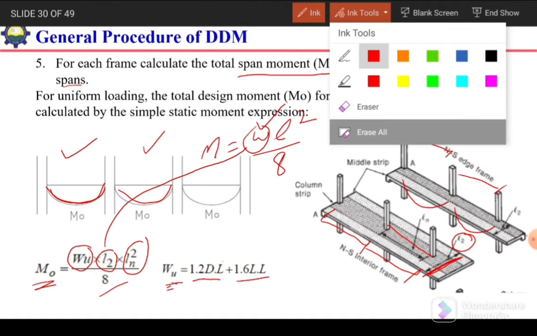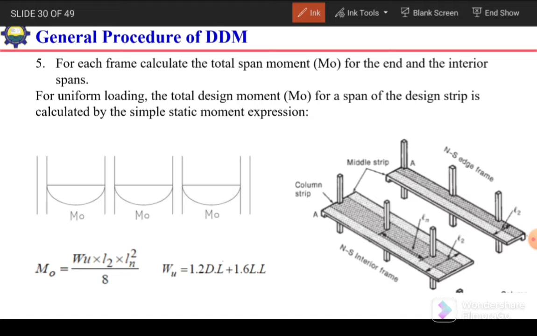Okay, one thing that you should keep in mind is the convention related to L2 and L1. So if we are considering our span in the north-south direction, so this is our span length. So this one will be L1. So the length of frame, or in the direction of frame, the length will be L1, and perpendicular to that will be L2.